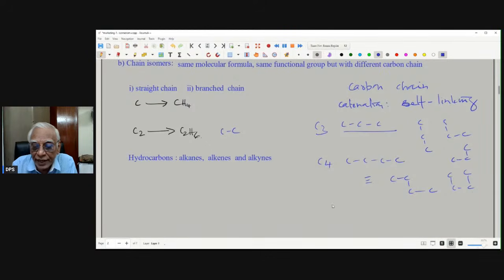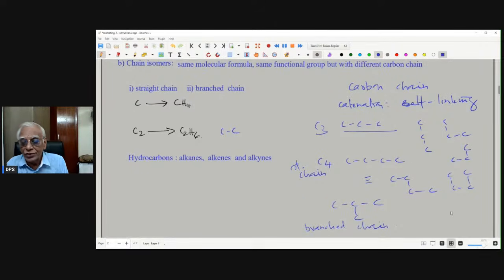But at the same time, you can have 3 carbon atoms with branching taking place in the middle carbon atom. The first is called a straight chain compound without branching. This is called a branched chain compound. Branching can always take place only in the middle carbon atom.